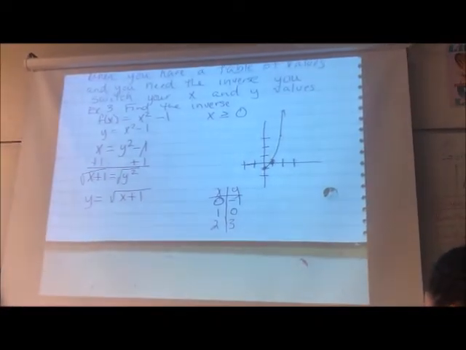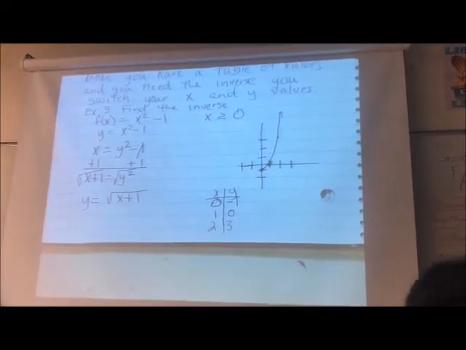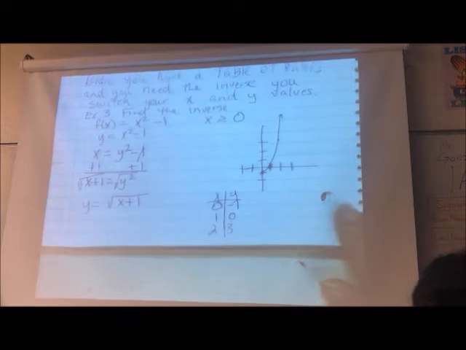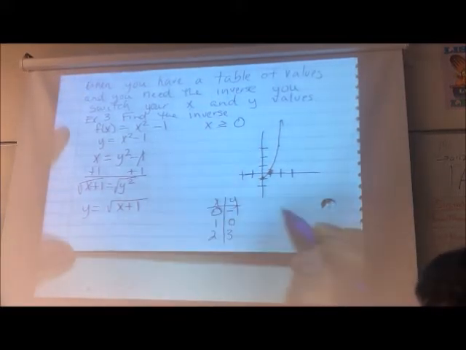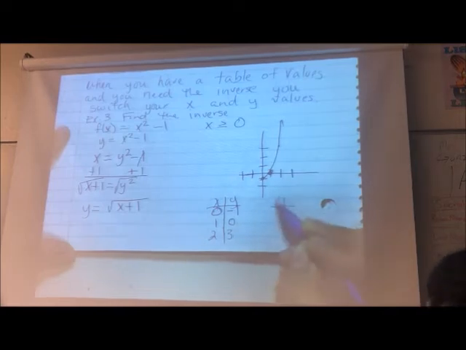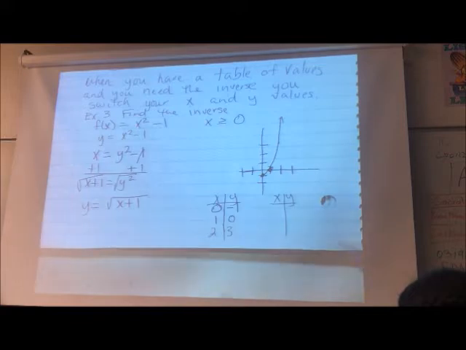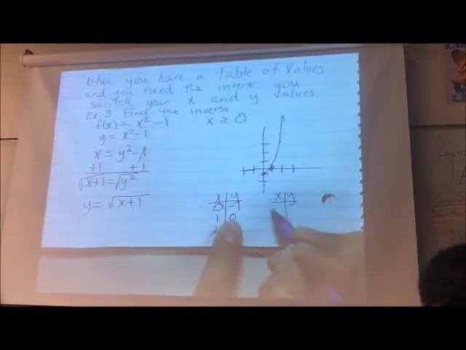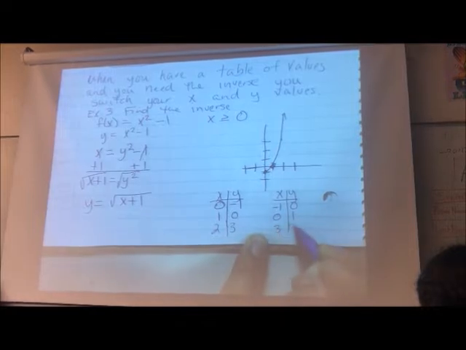Now, why do I need a table? Because there's no graph given to you for this problem, but taking into consideration what I wrote up here, when you do the table of the inverse, what is the only thing that it says that you do? You switch your what? X and y. So my first point here is going to be what? 0, 0, 1, and 3, 2.